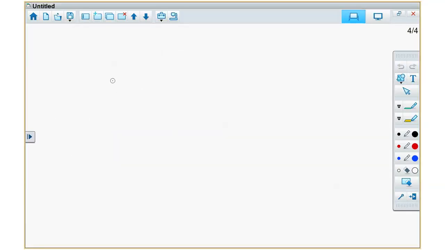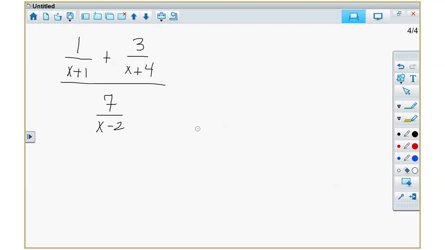Just a little bit of a review. 1 over x plus 1 plus 3 over x plus 4 over 7 over x minus 2. Now I want you to simplify that expression.